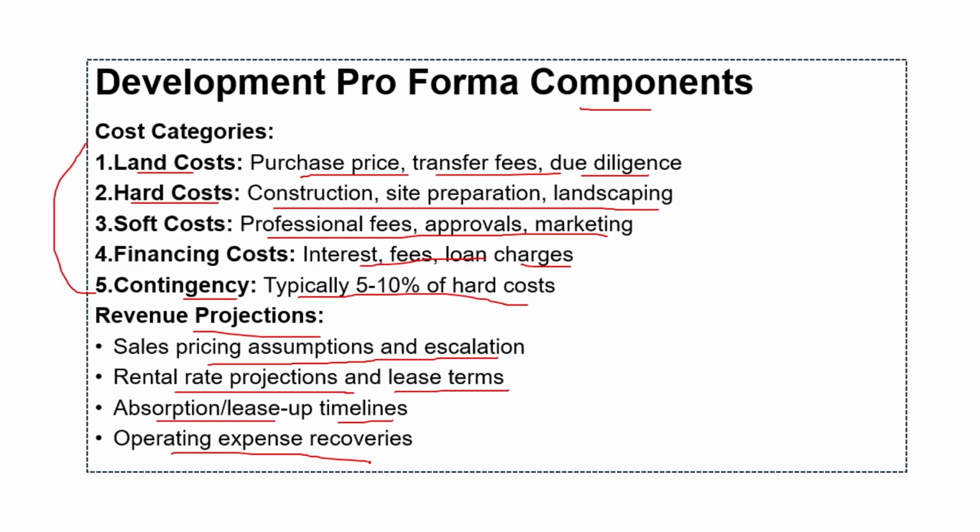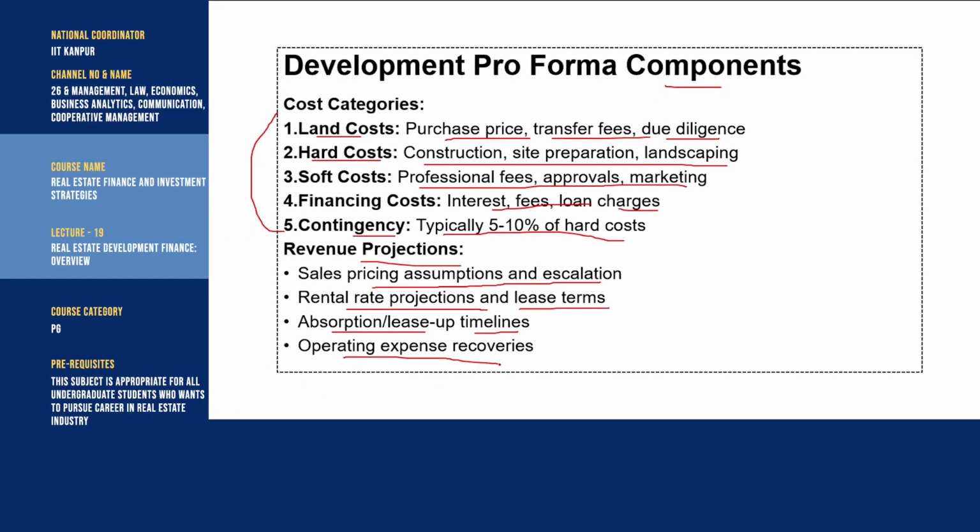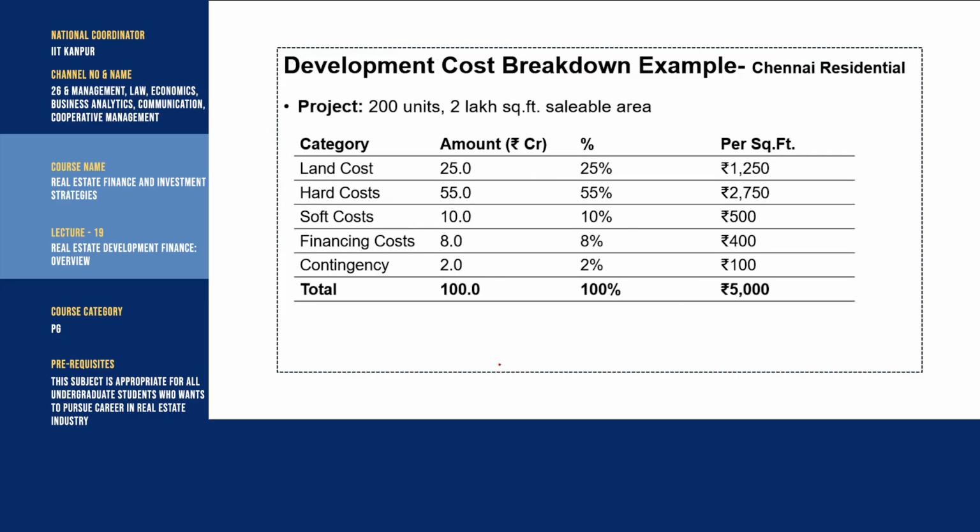In commercial development, this will help offset property management cost and maintain net income level. So accurate pro forma development requires detailed cost estimation, realistic revenue projection, and conservative timeline assumptions to ensure project viability under various market scenarios.